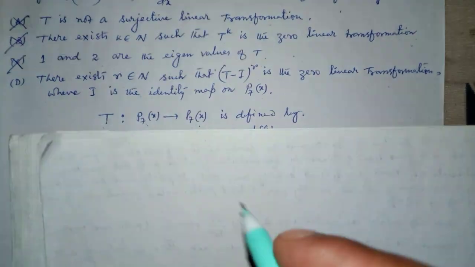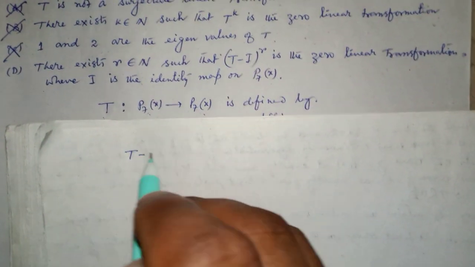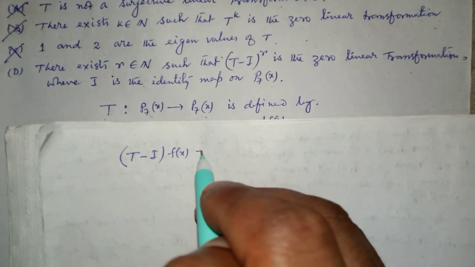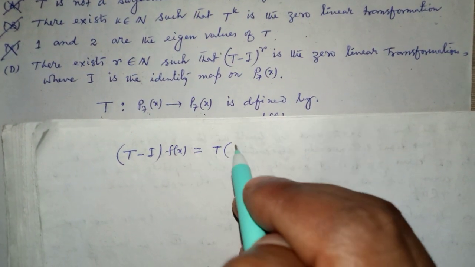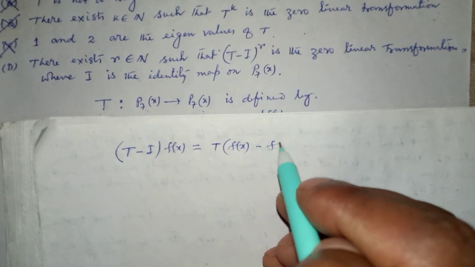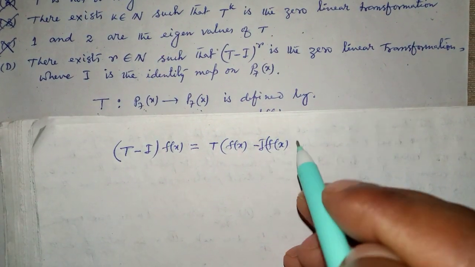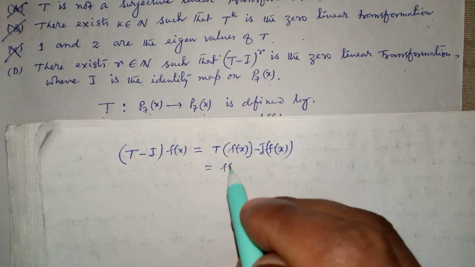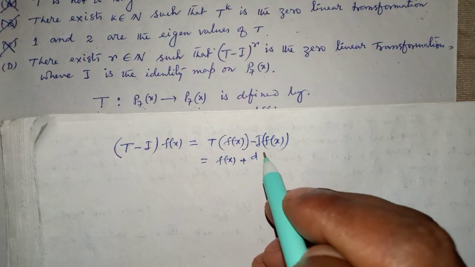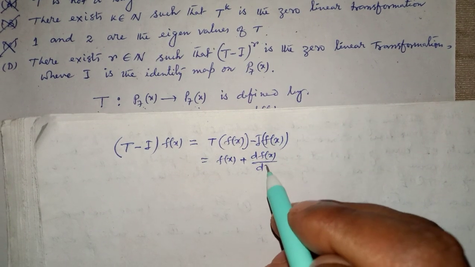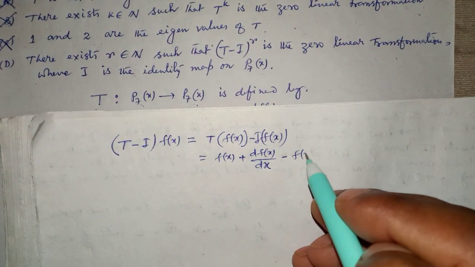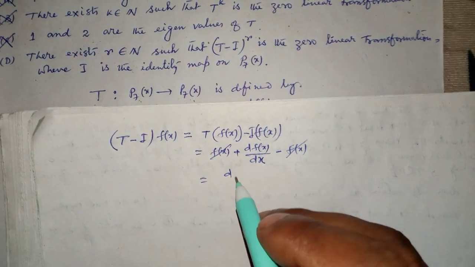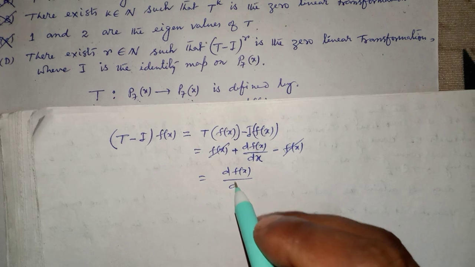Now (T − I) of f(x) is equal to T of f(x) minus I of f(x), which is f(x) plus df(x)/dx minus f(x), f(x) cancels, giving df(x)/dx.